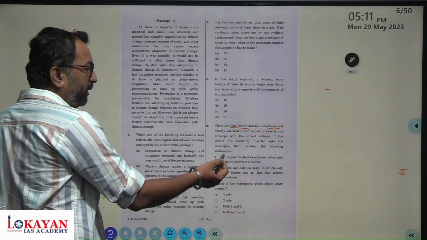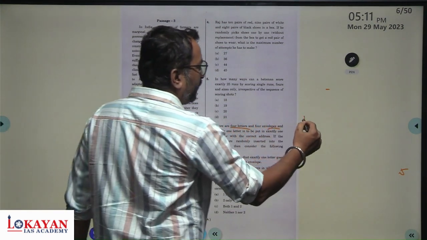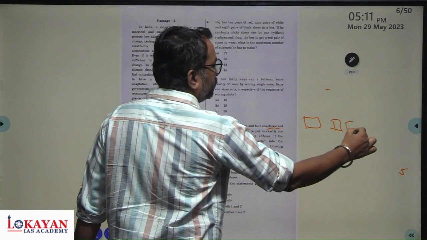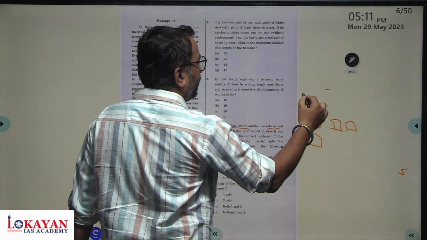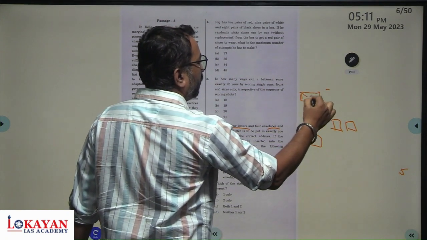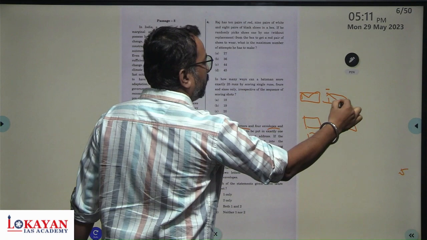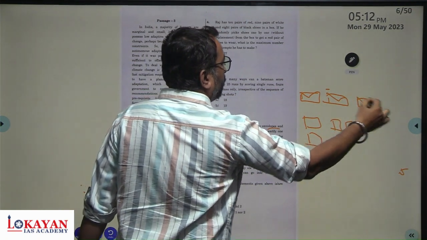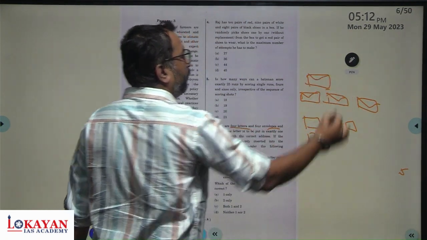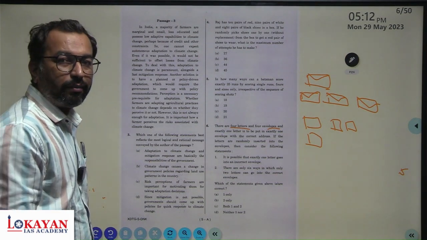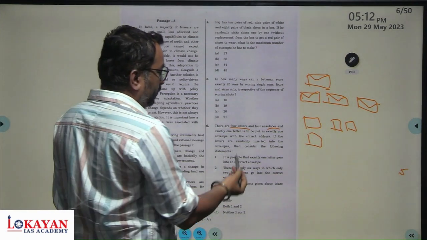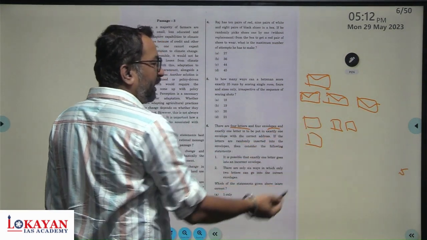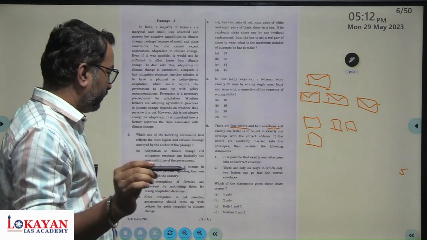It is possible that, now see, 4 envelopes are there and 4 letters are there, right? 4 envelopes and 4 letters are there. These letters are randomly put in these 4 envelopes.